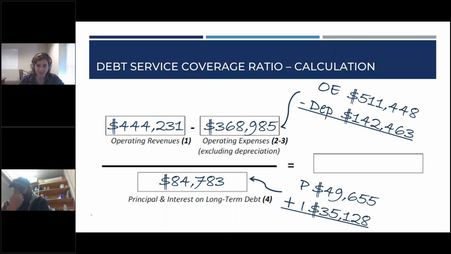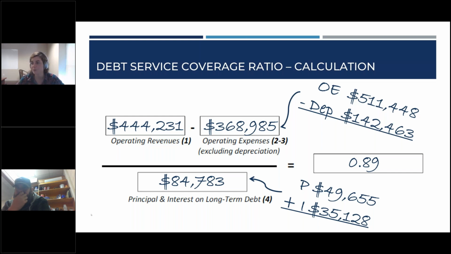If we do the math here, if we subtract the operating expenses from the operating revenues, and then divide that by the principal and interest payments on long-term debt, what we can see is that the number is less than 1. So this means that after Mayberry has paid all of their O&M expenses for the system, they do not have enough revenue left over to cover their principal and interest payments.